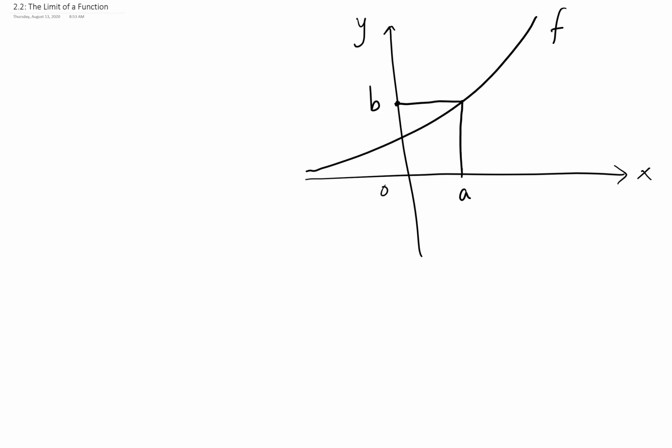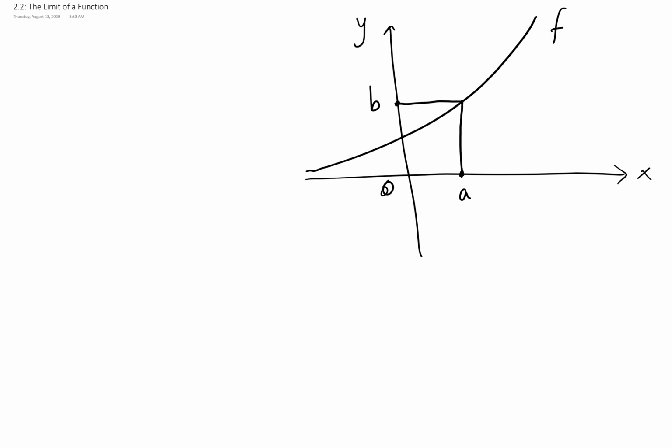A and B. So what do we have? We are going to see, as we approach x equals A, where does the y go?